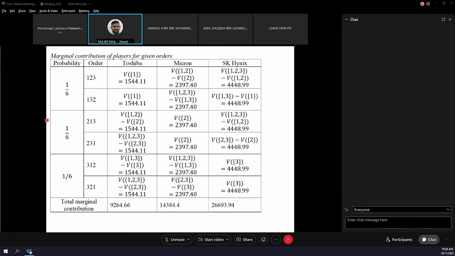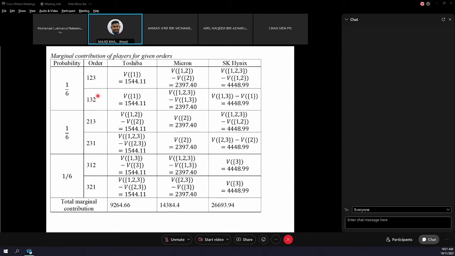Okay, so here I will show you how we get this. This is the table developed by Lord Shapley. Look at the first order. The first order will be 1, 2, 3, and another one, 1, 3, 2.